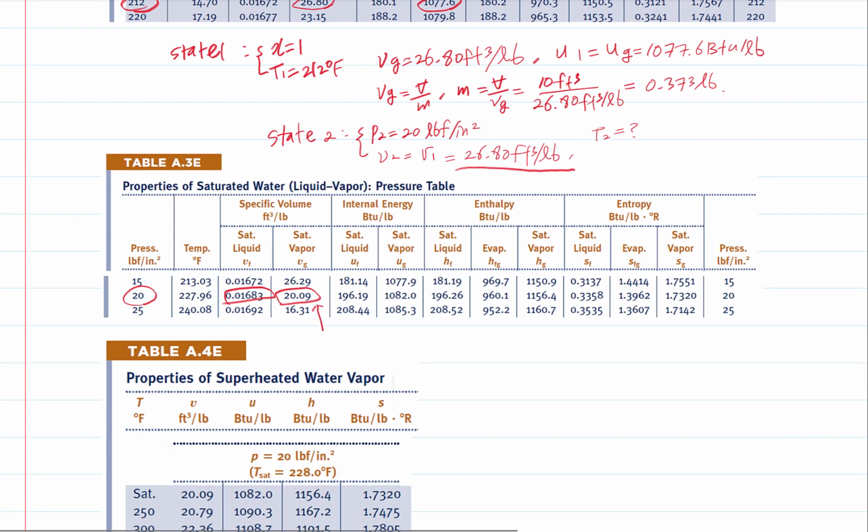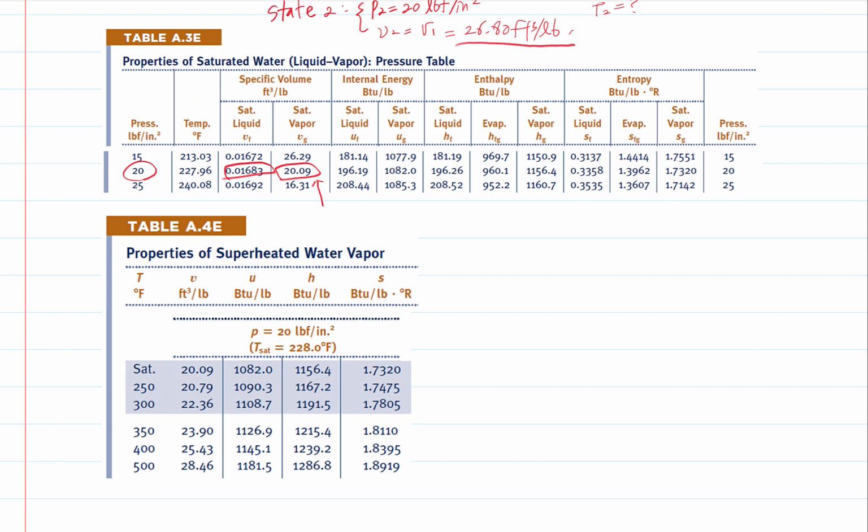So we need to see table 8.4e. At 20 psi, the specific volume of state 2 is 26.80, which sits between these two. So we expect the temperature is between 400 and 500 degrees Fahrenheit. So we need to do linear interpolation to determine the temperature.